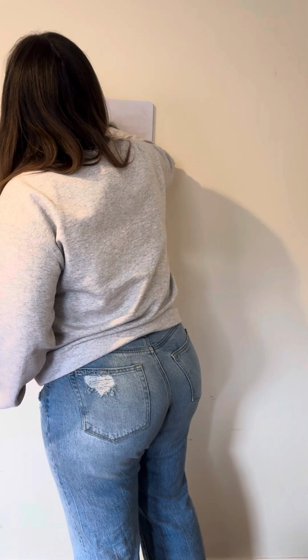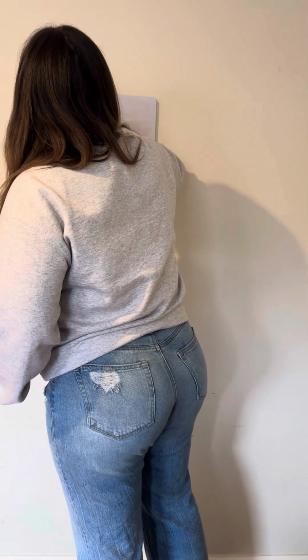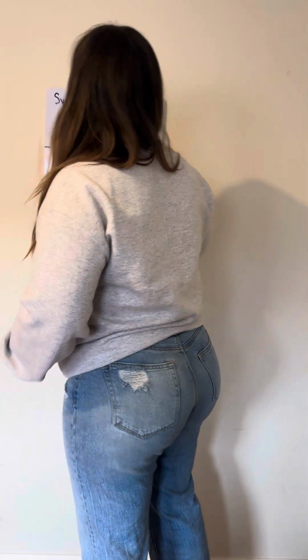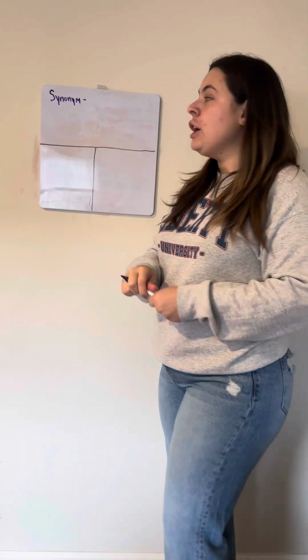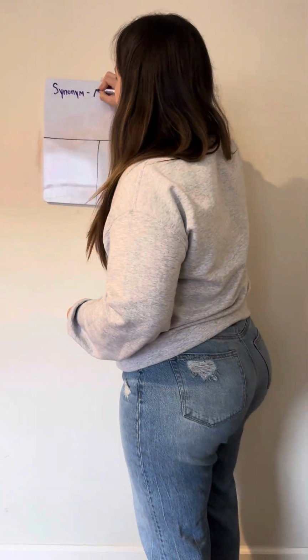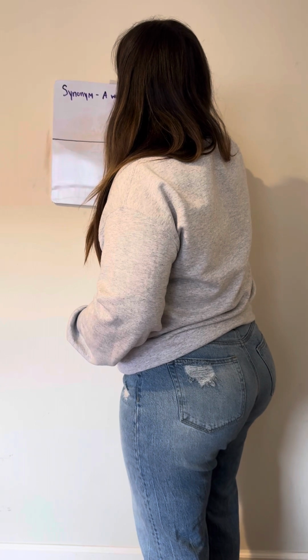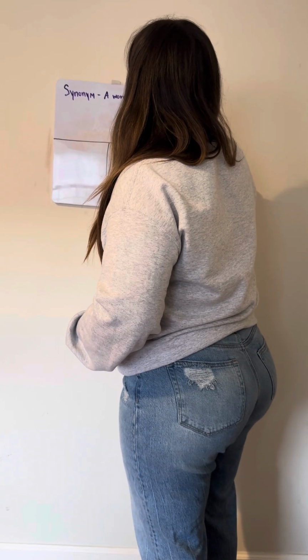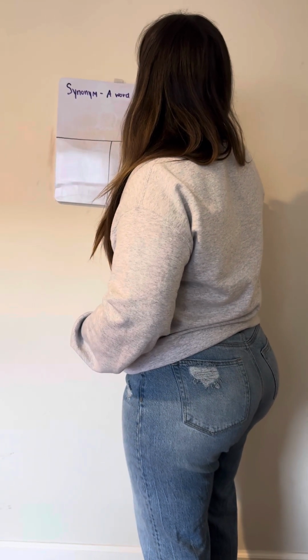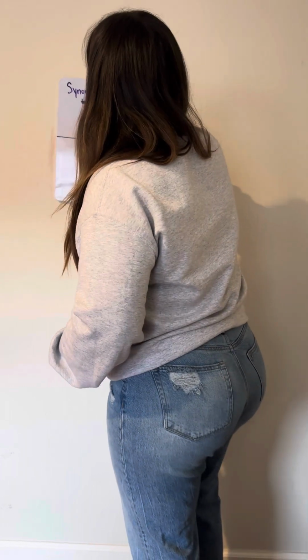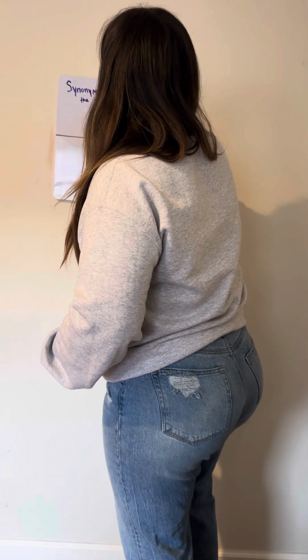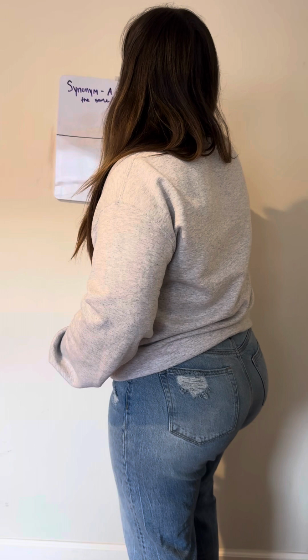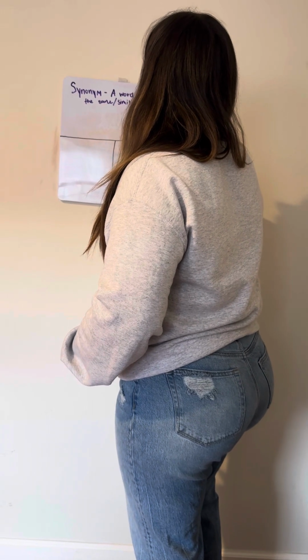So we talked about in our story about how small and little have the same meaning. So the definition of a synonym is a word that has the same or similar meaning to another word.